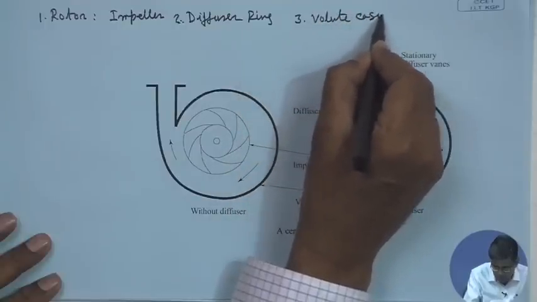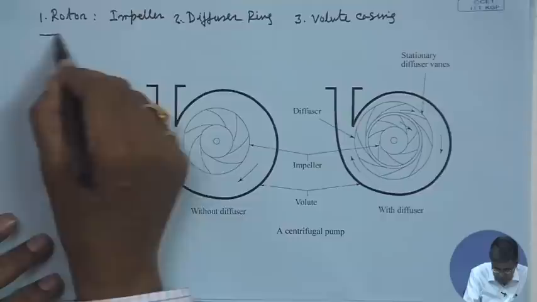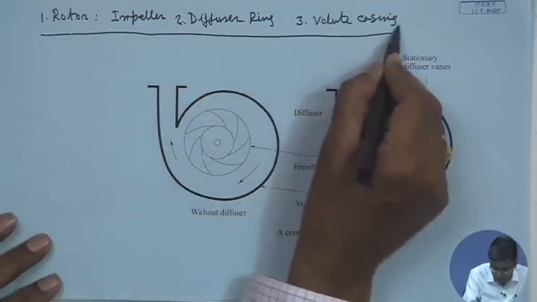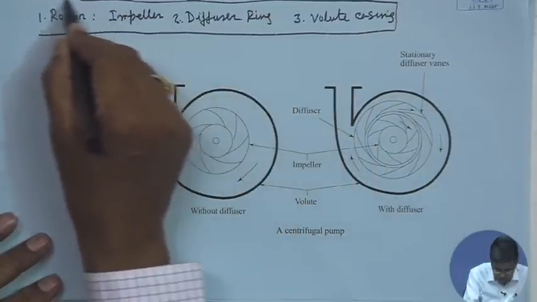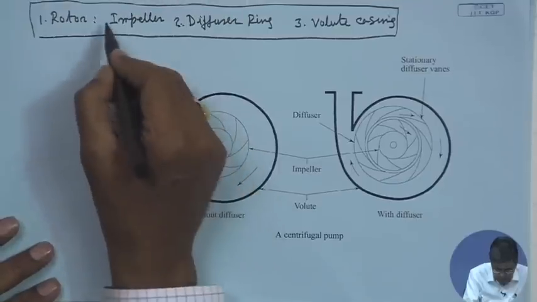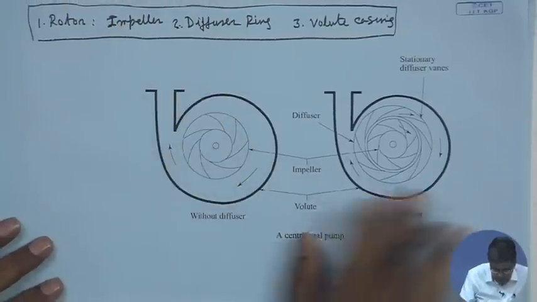These are the three main components that constitute a centrifugal pump.